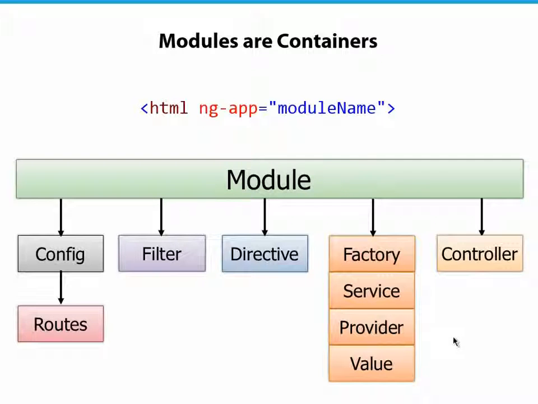Now, what's important is once the module is given a name, that's what's going to go into ng-app. They could have just as easily called it ng-module, but I actually like ng-app, it makes sense, I think, and it really just means, hey, what's the name of the module that you've defined in JavaScript?